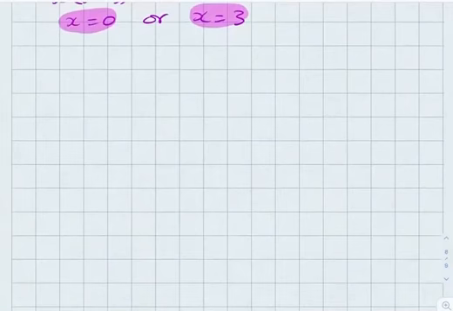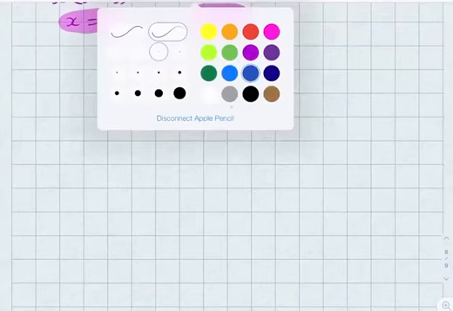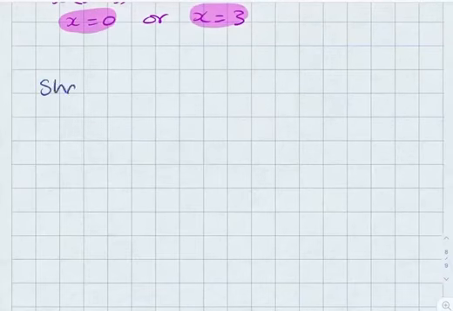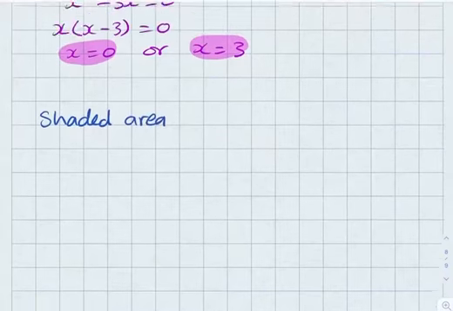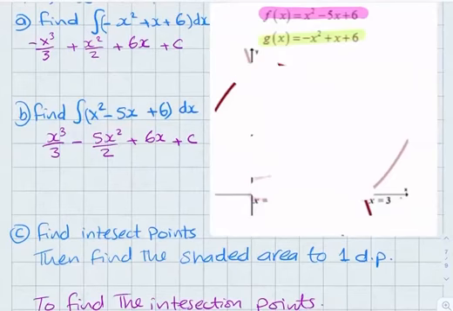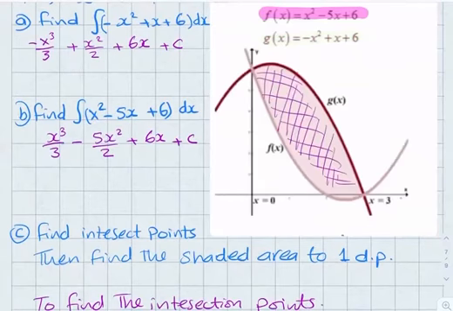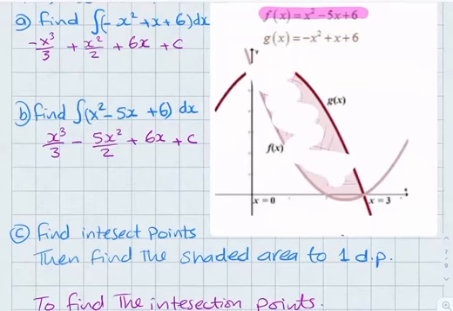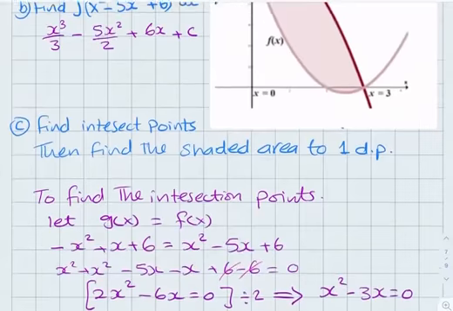So to find the area, the shaded area, which is this one only, the pink now, the original one.